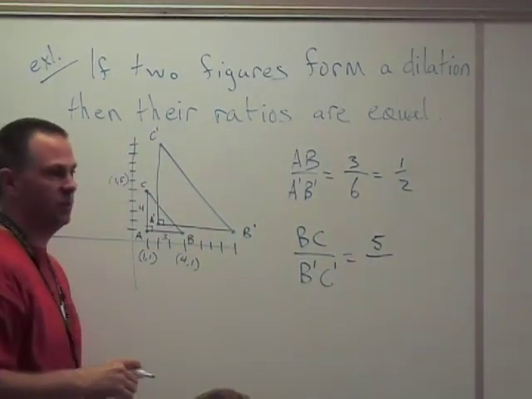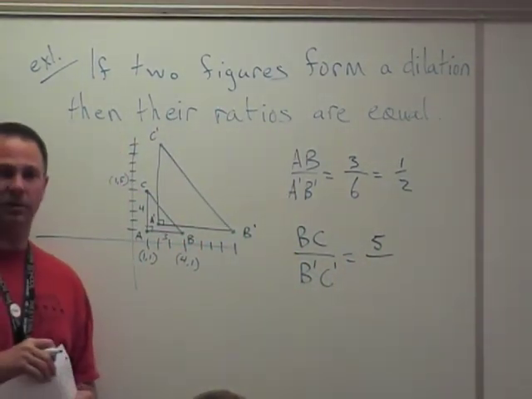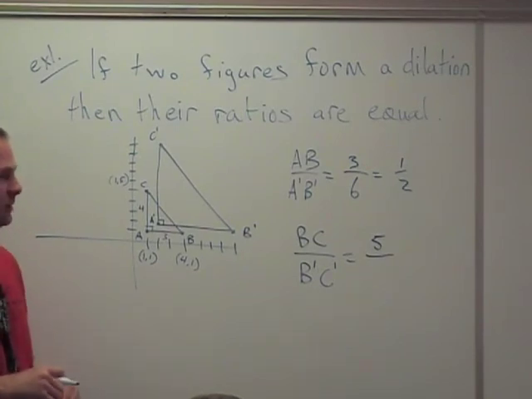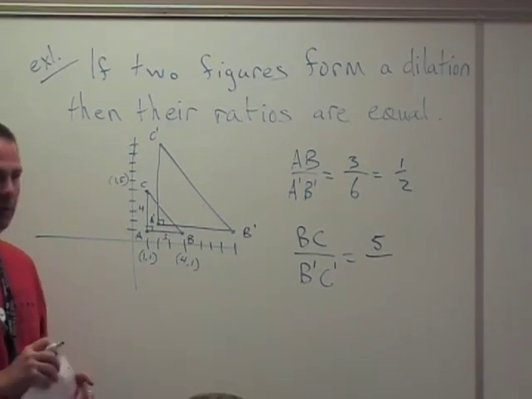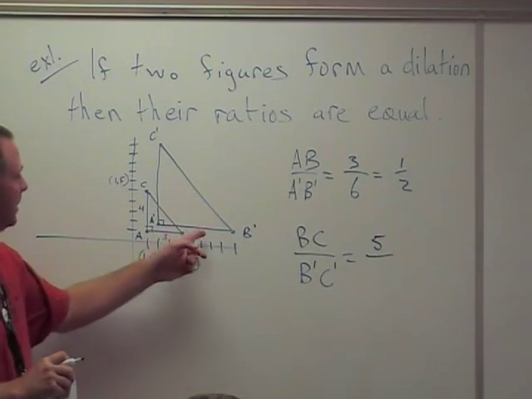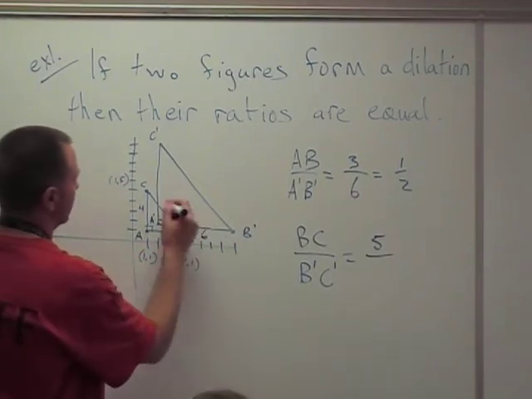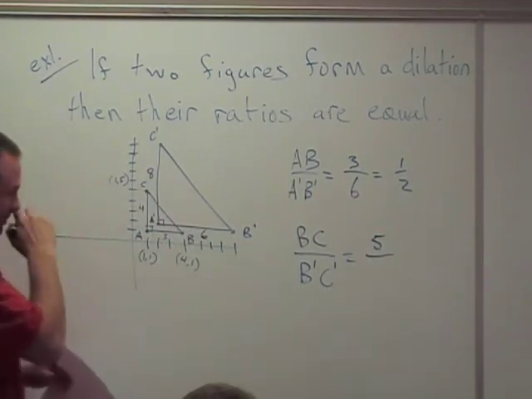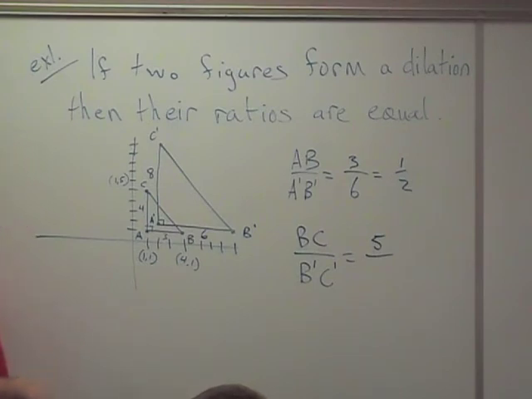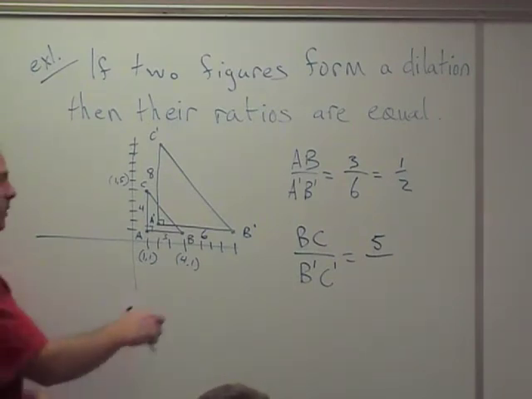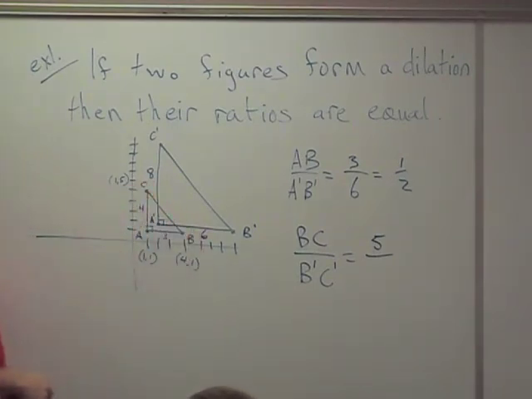I'm glad you guys work real hard to remember each lesson. You have no one to blame except yourself. This one is a 6, 8. 36 plus 64 is 100. And what's the square root of 100?